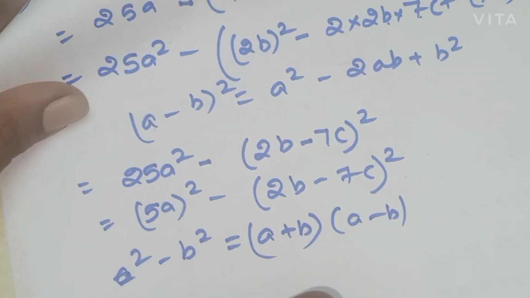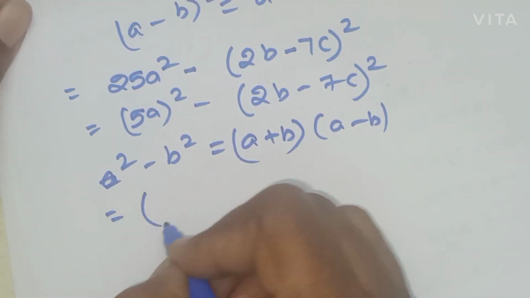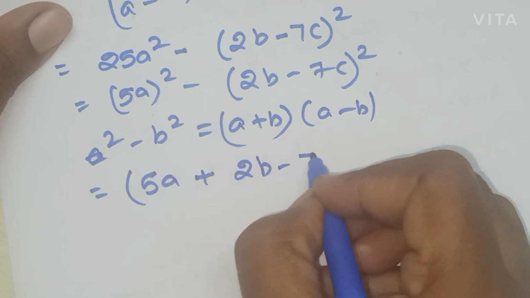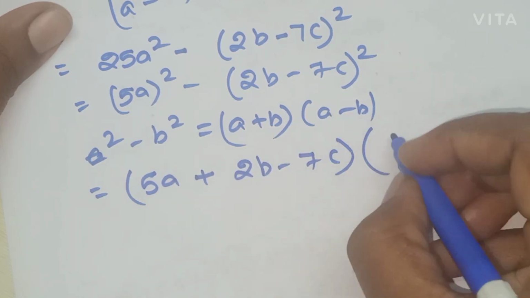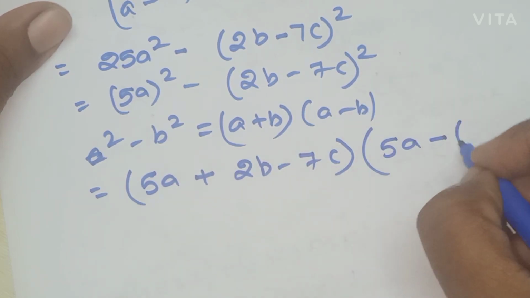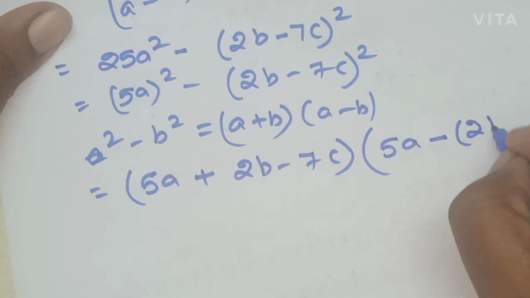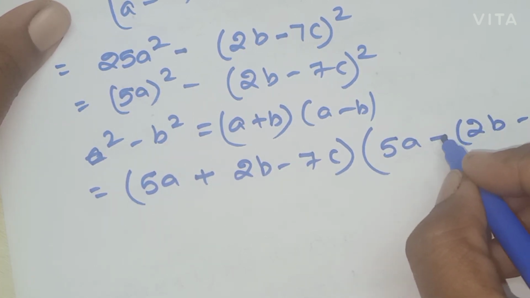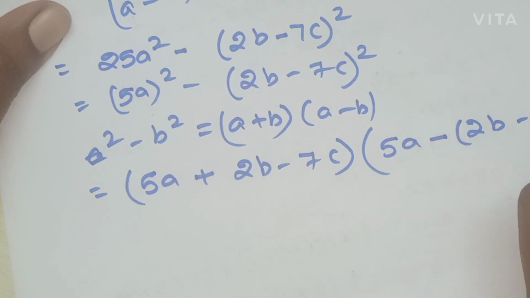So we can write it as a plus b: 5a plus 2b minus 7c, a minus b: 5a minus of b value, which is 2b minus 7c. Remember, if you have a negative sign, you have to put the bracket.